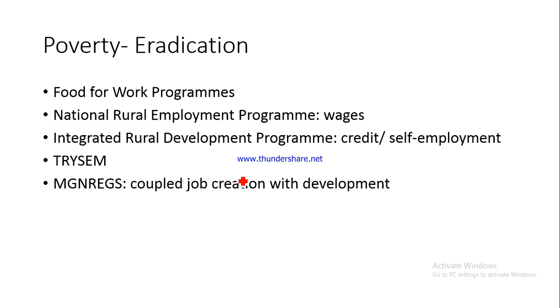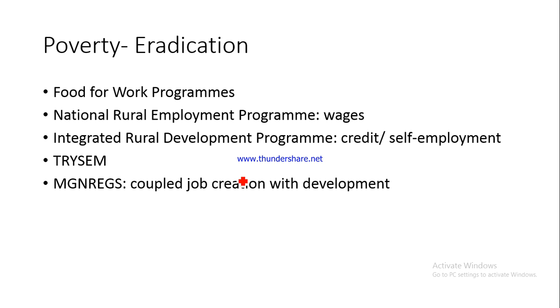For example, if the minimum wage in a particular state is, let's say, rupees 200, a family provided 100 days of work would earn 20,000 rupees in a year. So this is the scheme which guarantees 100 days of wage employment to beneficiary families.